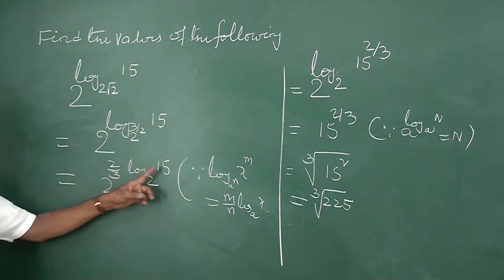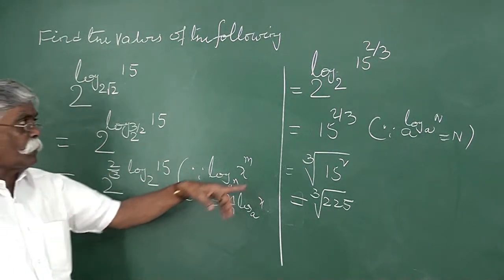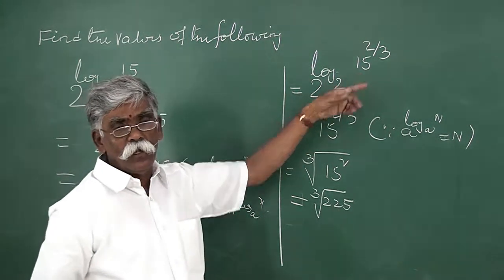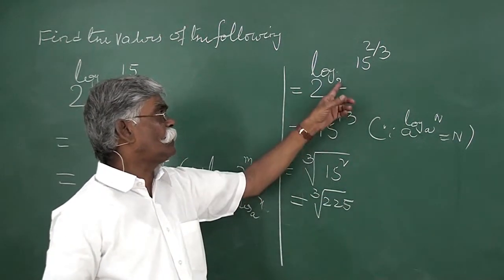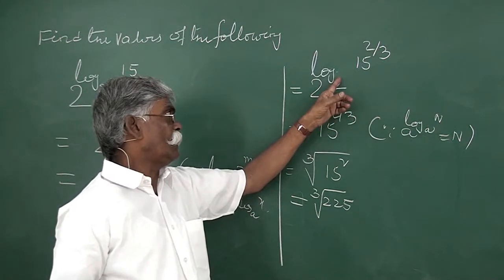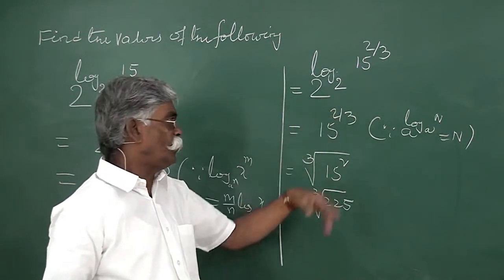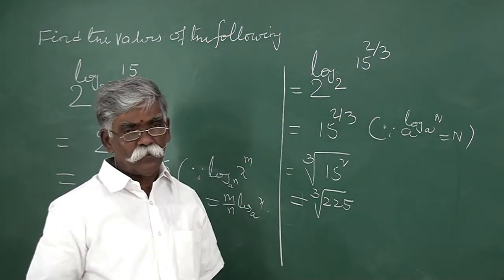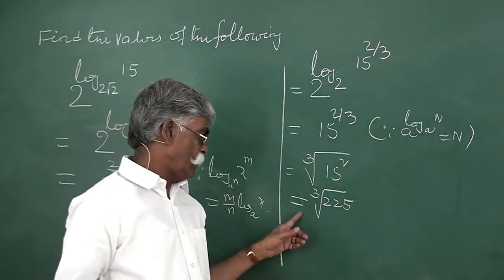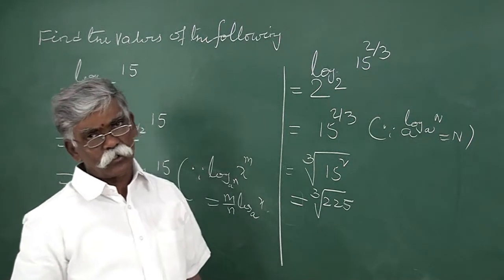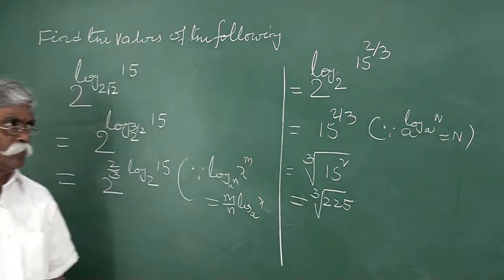So when 2 by 3 comes inside, it goes to the power of the logarithmic value. Therefore it is log of 15 to the power 2 by 3 to the base 2. And here the base is 2, here it is 2. Therefore it is 15 power 2 by 3. It is nothing but cube root of 15 square, and the value is cube root of 225.